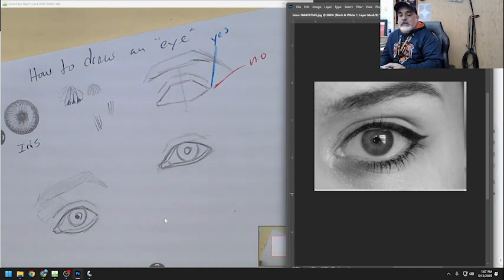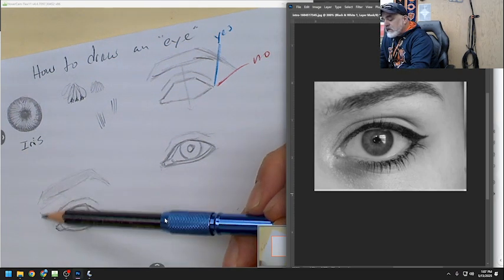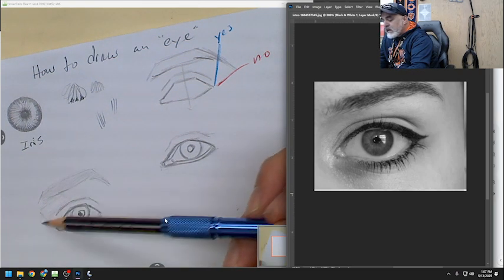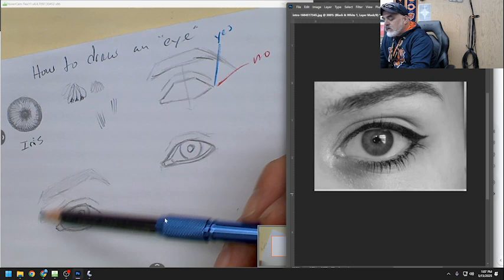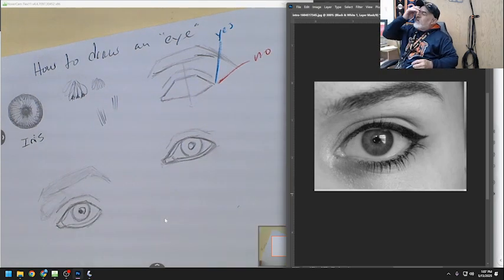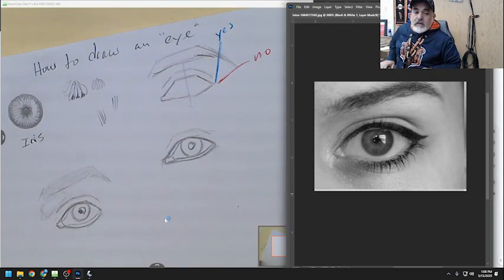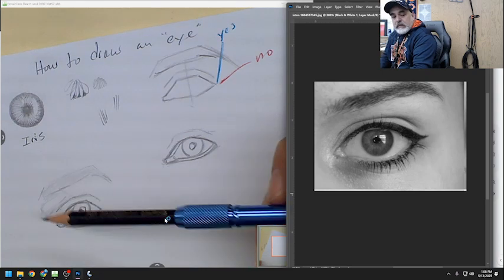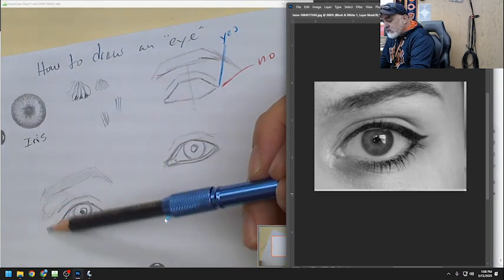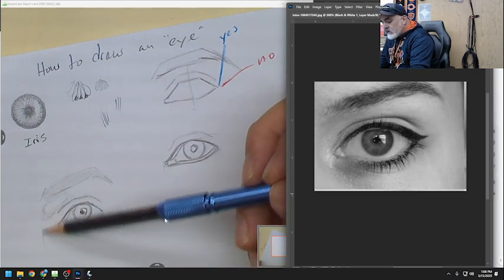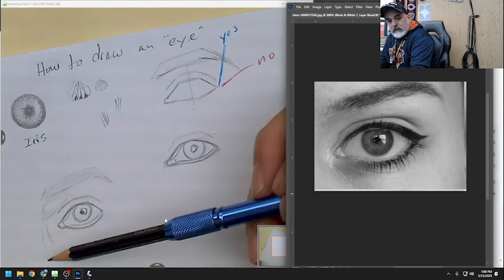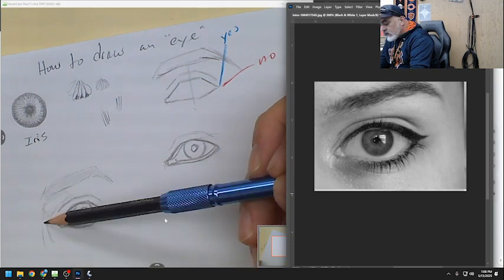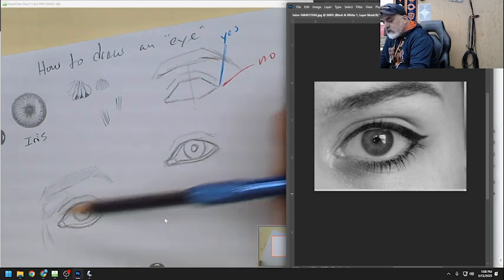And that shape of the shadow universally is pretty much the same on everybody. And this is one of the things that allows you to just draw out of your head, because you know everybody has this shape. On the side of the nose, it's this curve, and this curve kind of comes down into like a triangle curve.